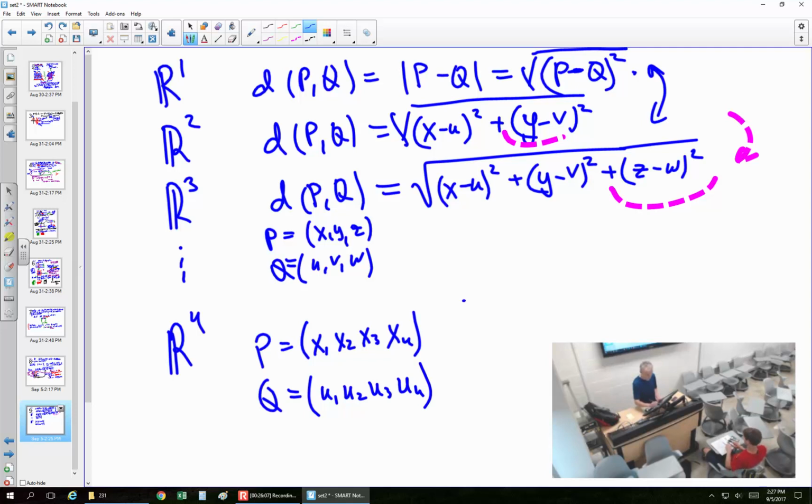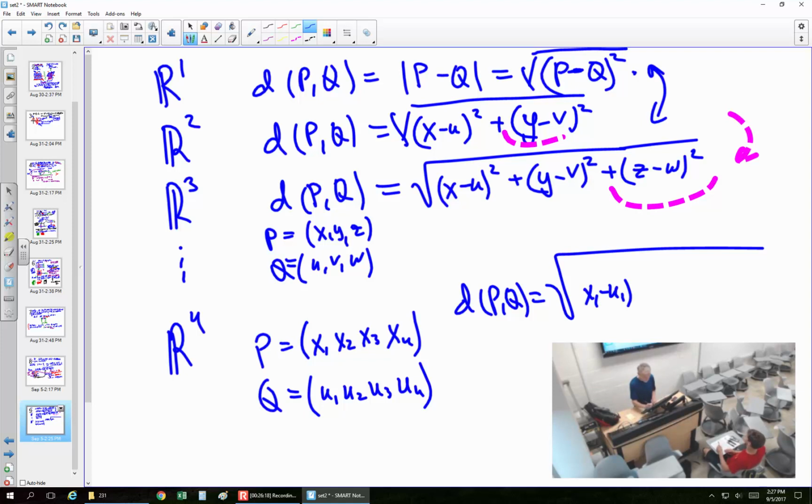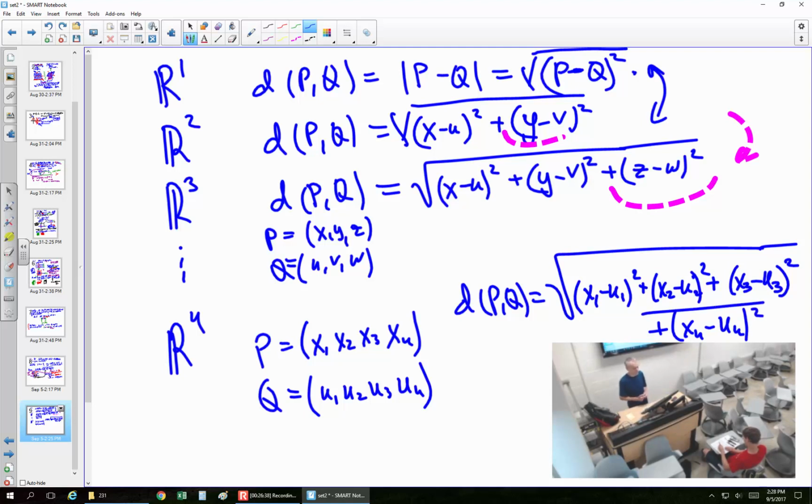Then the distance between P and Q will contain the square root and 4 terms: x1 minus u1 squared, x2 minus u2 squared, and you can see how it becomes repetitive in a good way. In mathematics, repetitive is good because then you don't have to think as much.